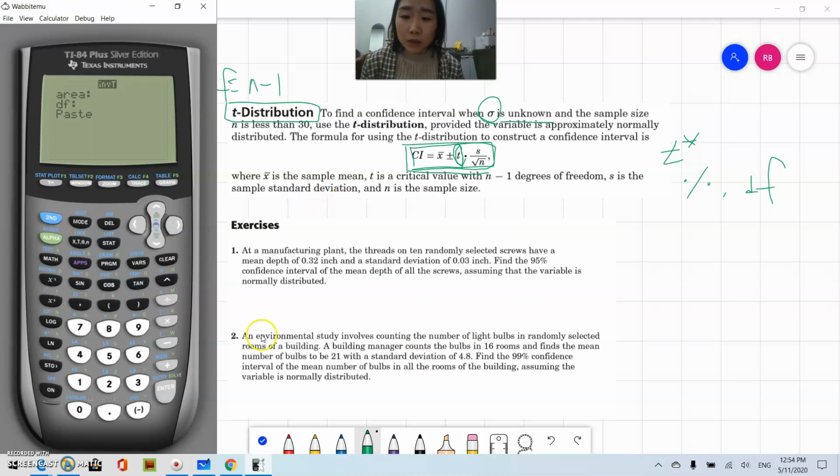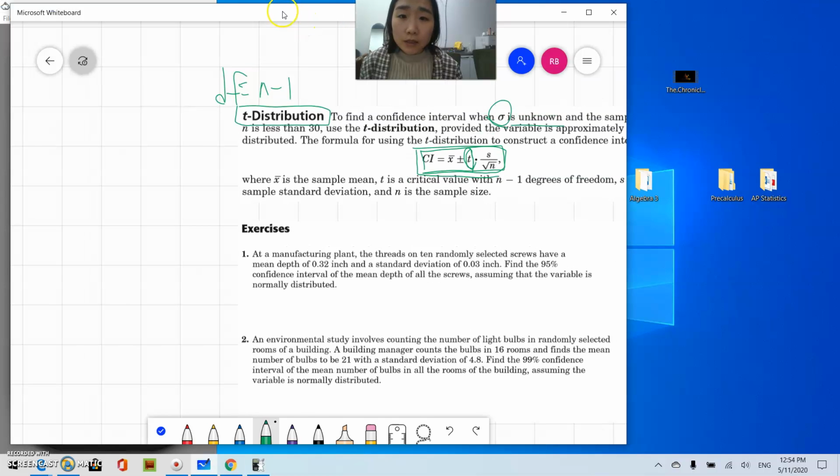So let's look at this with problem number 1. It says that at a manufacturing plant, the threads on 10 randomly selected screws have a mean depth of 0.32 inches and standard deviation of 0.03 inch. Find the 95% confidence interval, assuming it was normal. The sample size itself is very small, right?